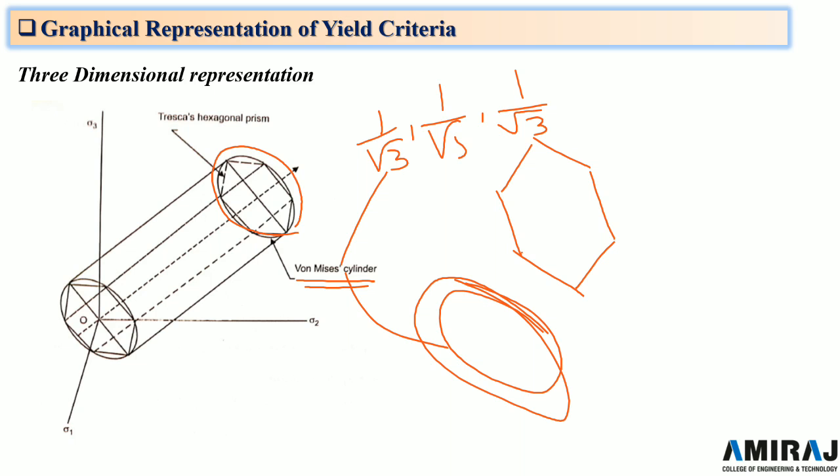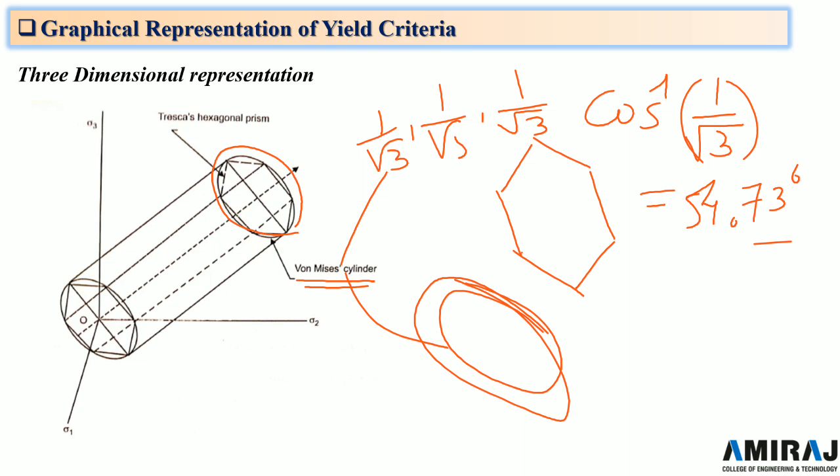These are the direction cosines for the von Mises cylinder, and the inclination of this axis with the coordinate axis is cos inverse 1 upon root 3, which is equal to 54.73 degrees.